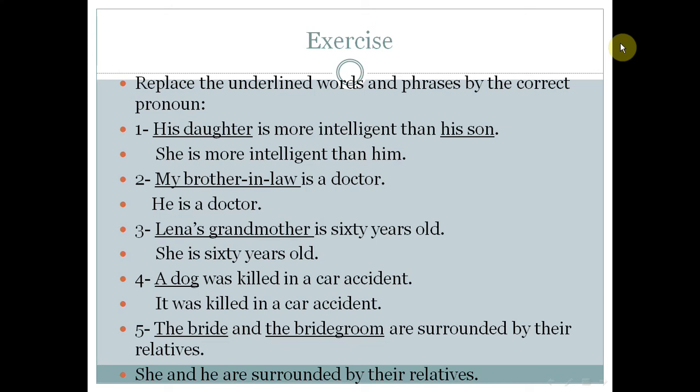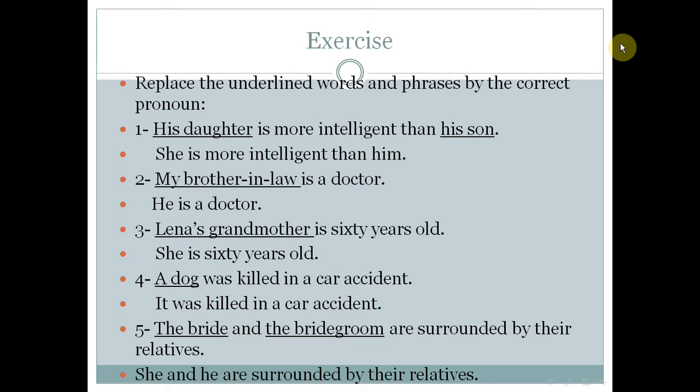Number 4, a dog was killed in a car accident. A dog here is the underlined word, so you can see that it's replaced by the pronoun it. So it was killed in a car accident. Number 5, the bride and the bridegroom are surrounded by their relatives.